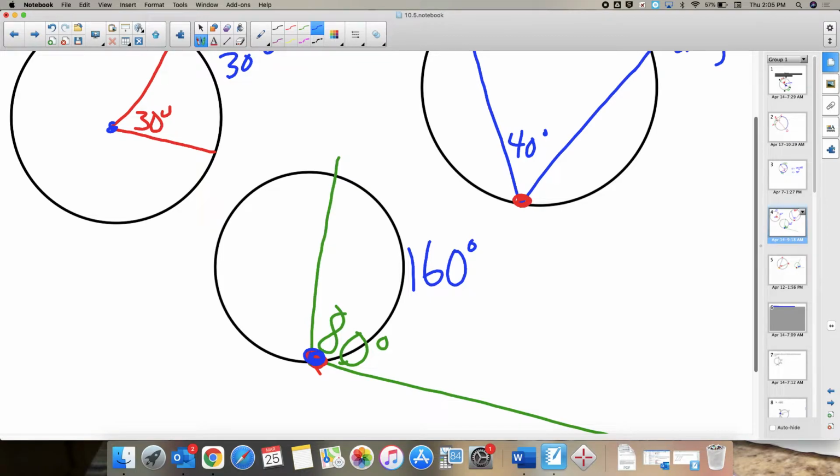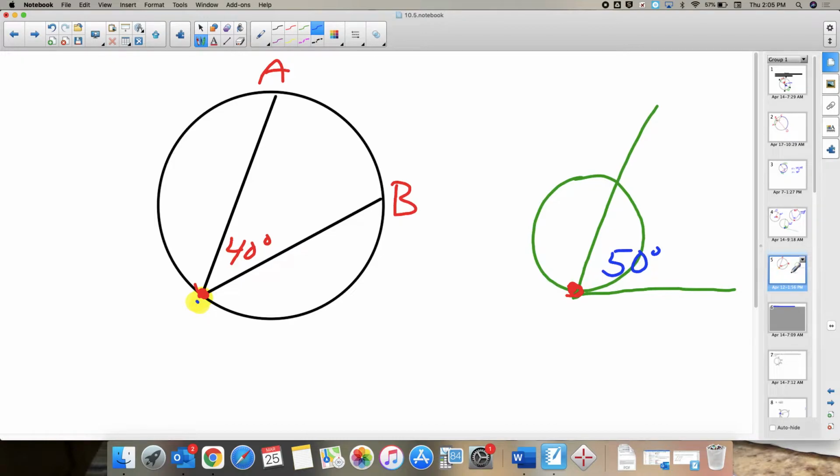It is no different here. Vertex on the circle, whether it appears like this or like this, the measure of the angle is half as big as the arc that it makes.